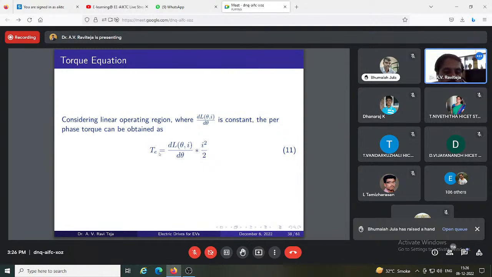And whether torque is positive or negative is entirely dictated by dL by d theta, or the slope of the inductance with respect to theta. If this slope is positive, I am giving positive torque on the motor. If this slope is negative, I am giving negative torque on the motor.